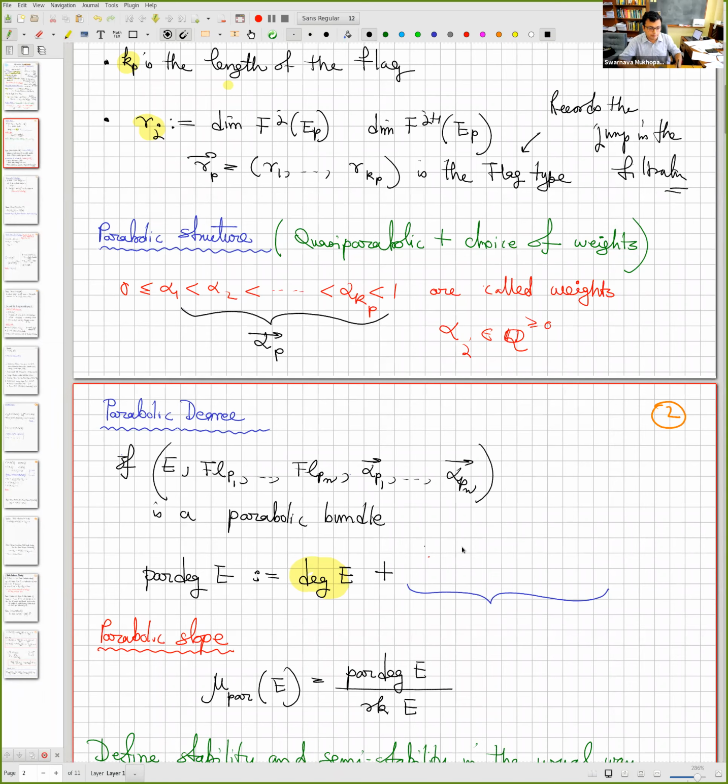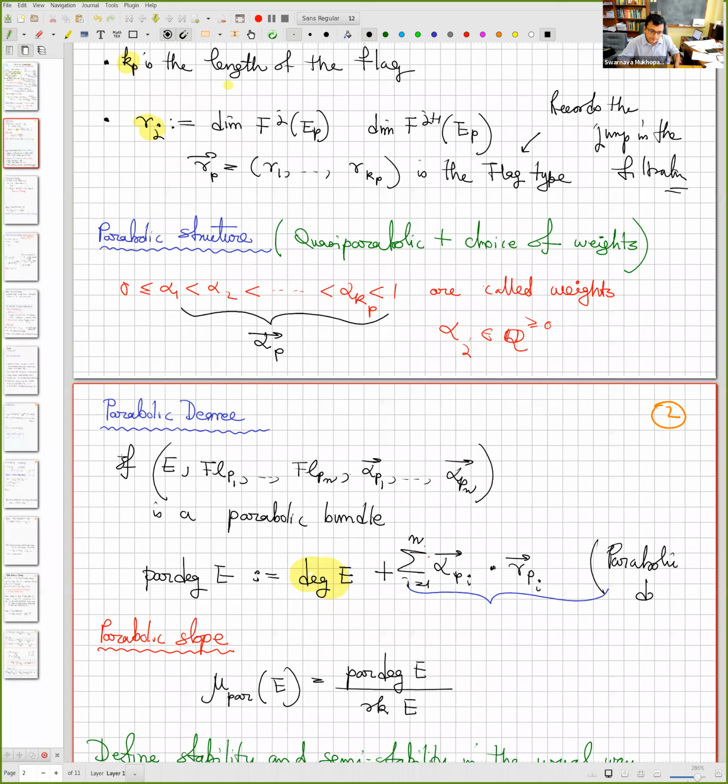So what we do is we take the vector P_i, and I take the dot product with the number. So think of these numbers as vectors and look at the dot product. This produces a rational number, and I just take the sum from i equal to 1 to n. Let me call this the parabolic degree.